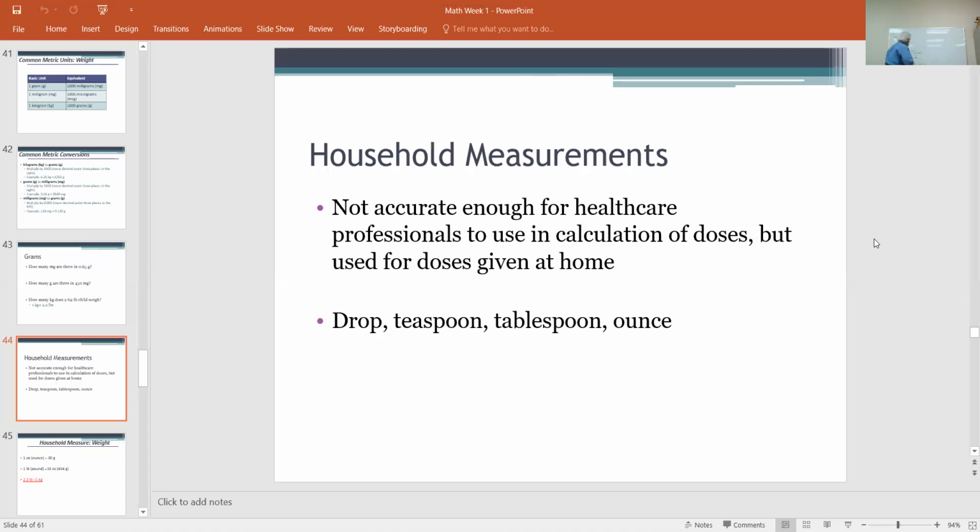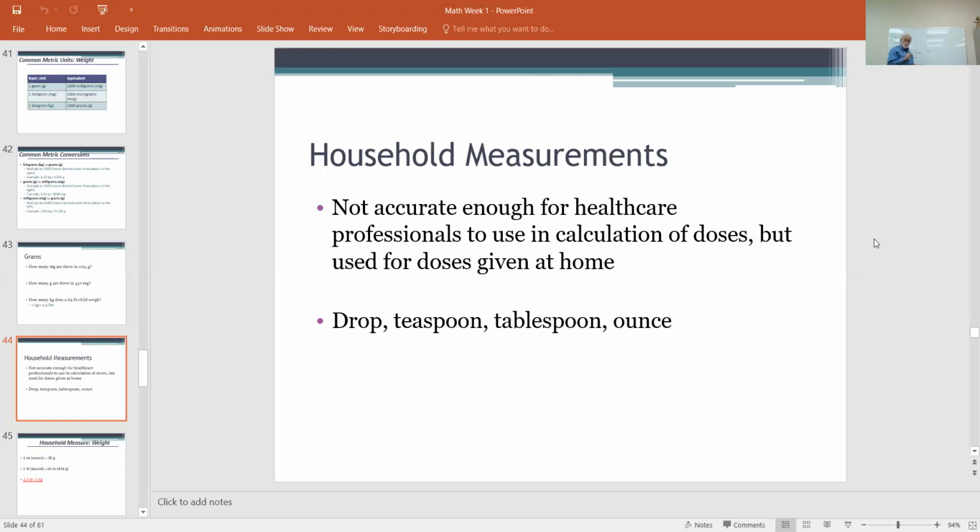So volume in the household measurement system starts with the teaspoon. Teaspoon is always abbreviated with a small TSP. We do not use recipe book abbreviations, small t for teaspoon, capital T for tablespoon, because people are sloppy in their writing.